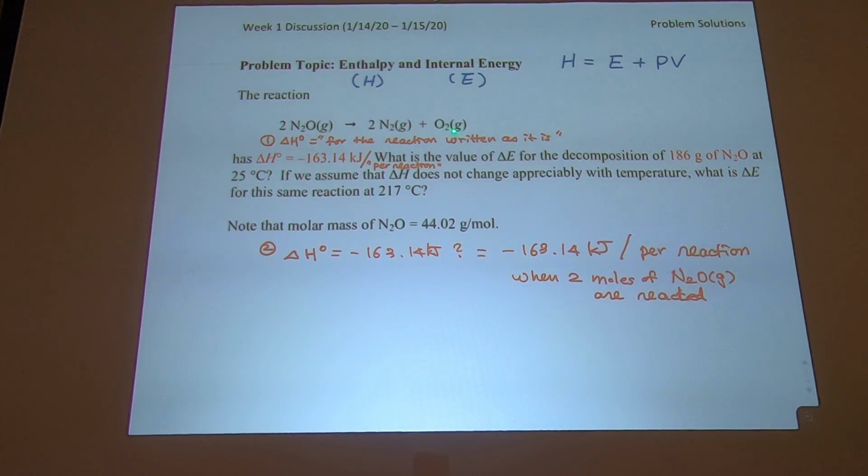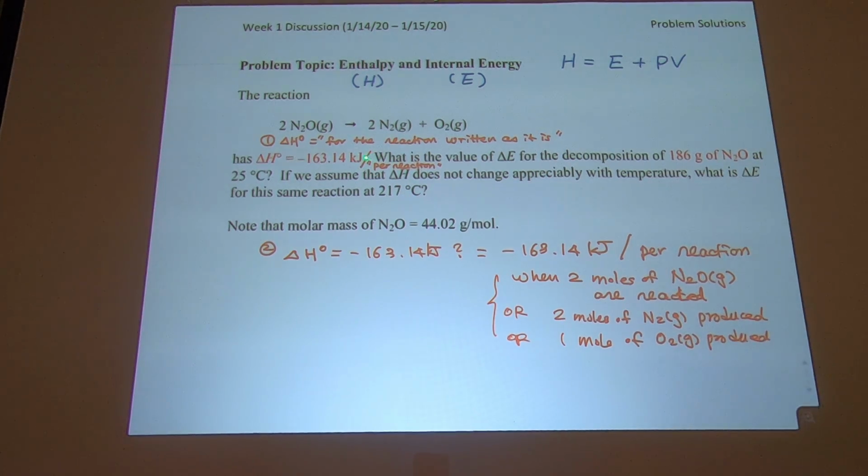Also, you can see that it produces 2 moles of N2 while producing 1 mole of oxygen, and that's how they are related. So there are 3 statements that equally make sense: when 2 moles of NO2 decompose, or 2 moles of N2 are produced, or 1 mole of oxygen gas is produced.